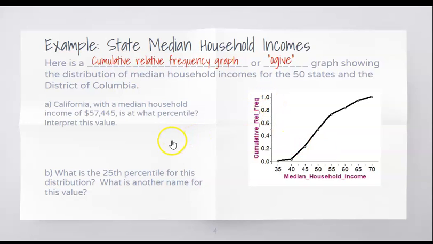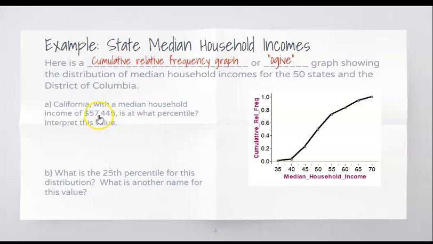So how do you read these? Well, you have to pay attention to the axis and read from what you know. So first question is, California, with a median household income of $57,445, is at what percentile? Okay, the percentiles are on the y-axis. The incomes are on the x.